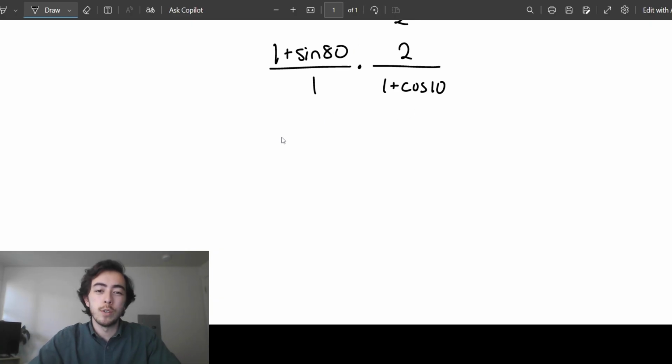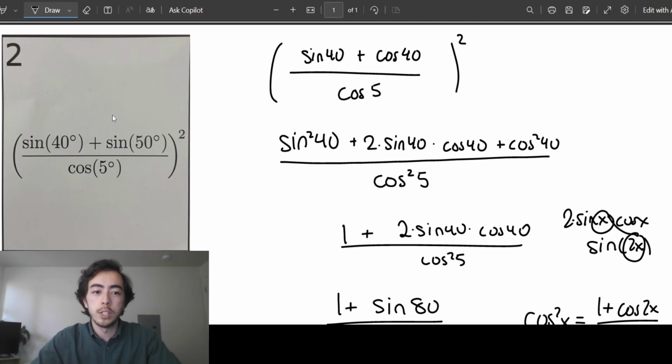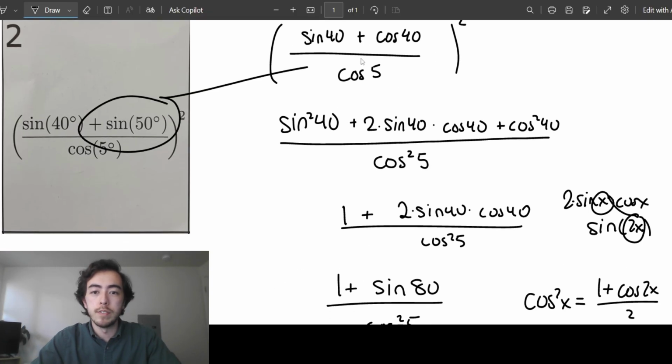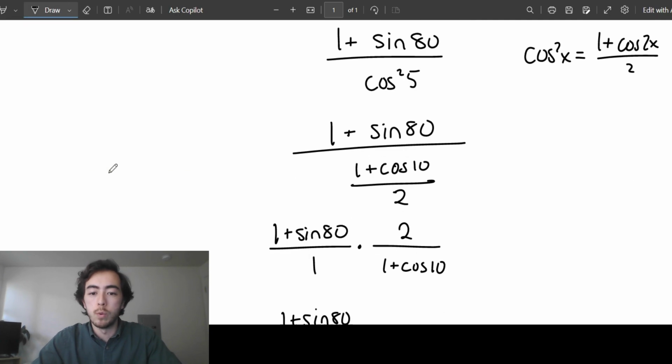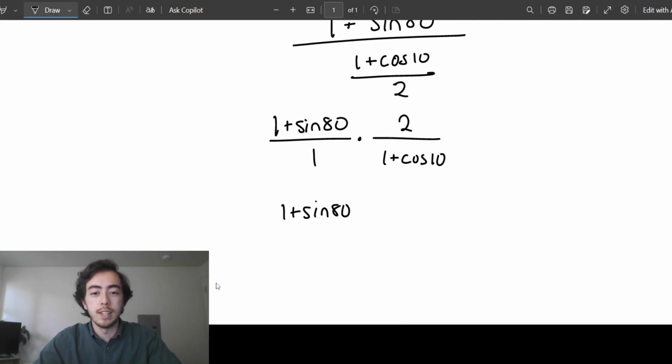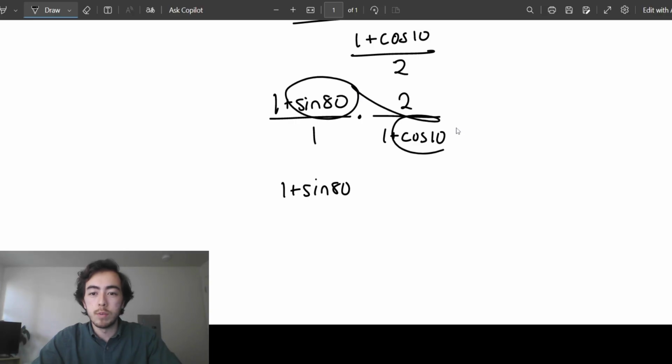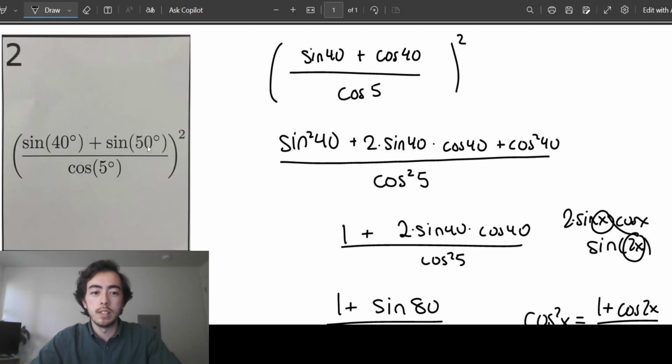And let's actually use one more of the same identities that we used earlier, essentially proving that sine of 50 and cosine of 40 are the same. We can do the same trick with cosine of 10 and sine of 80. These two numbers are going to be equal to each other. One quick way to check is that the 80 plus the 10 makes a 90, just as this 50 plus the 40 makes another 90.